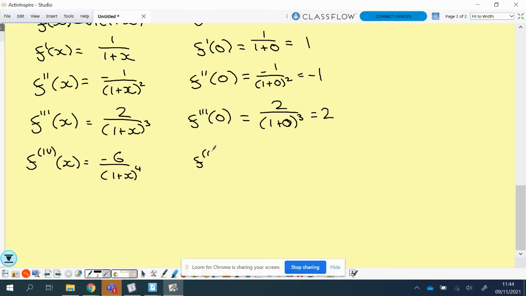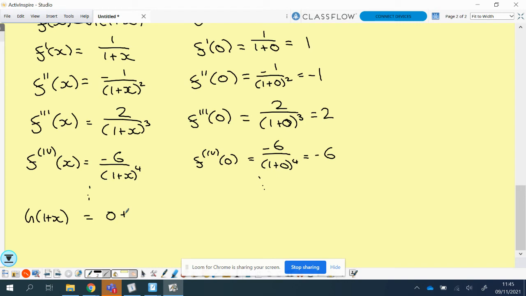Therefore, the fourth derivative at 0 is negative 6 over 1 plus 0 to the power 4, which is negative 6, and so on. There'll be more and more terms, but we've done enough to see what happens. So, the log function, 1 plus x. If I use MacLaurin's theorem, the first term is f of 0. Now f of 0 was 0 for us.